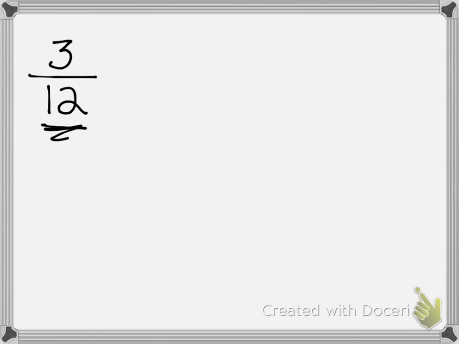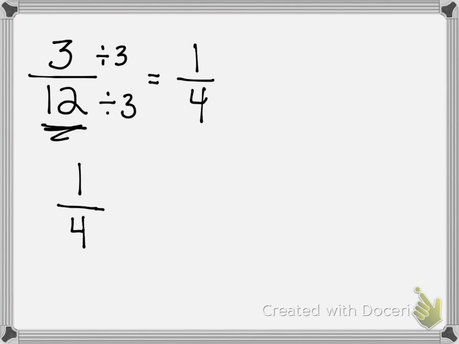So it needs to be simplified, and then find an equivalent fraction so we can convert it into a decimal. So what number do 3 and 12 share that we can reduce by? We can divide the top and the bottom by 3, and we get 1/4. Now we have a simplified and equivalent fraction of 3/12, and it's 1/4.